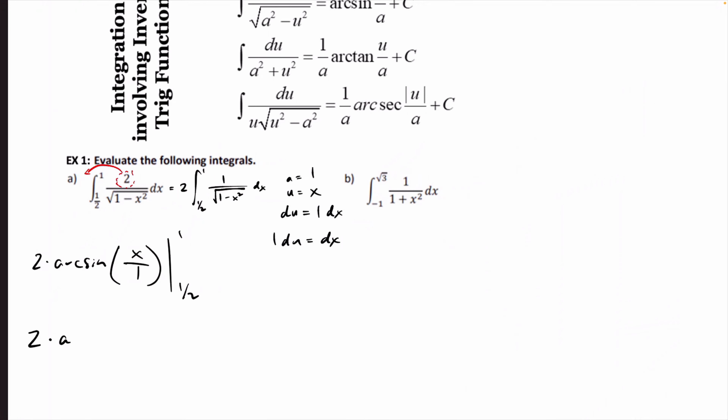So 2 times arc sine of x. Now I don't have to do antiderivative because I already did it. Converting it over to arc sine was the antiderivative part. So the last thing I'm going to do is plug in 1, plug in 1/2, subtract.